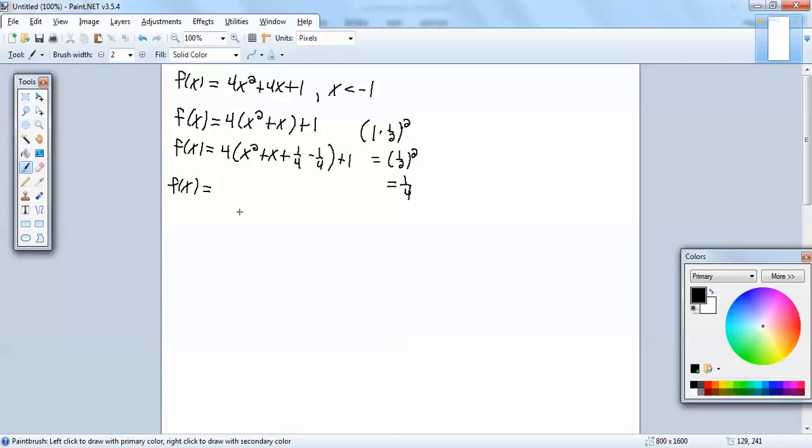Now step 3. Let me see, step 1: factor out the number that's in front of your x squared. Step 2 is what we just did. Step 3, I knew that sounded wrong when I said it. You want to factor the first three terms, and those factor as x plus 1/2 squared.